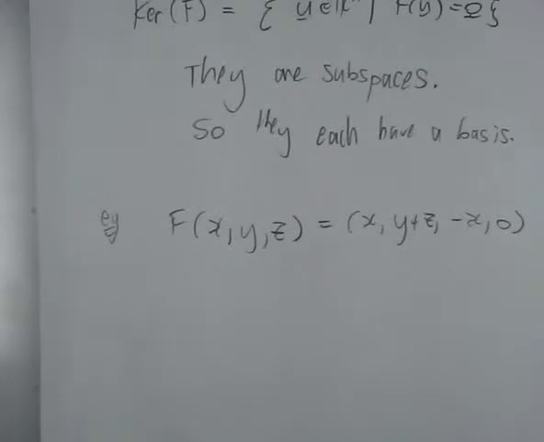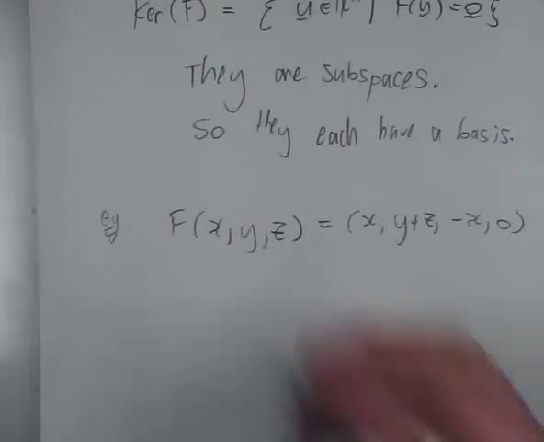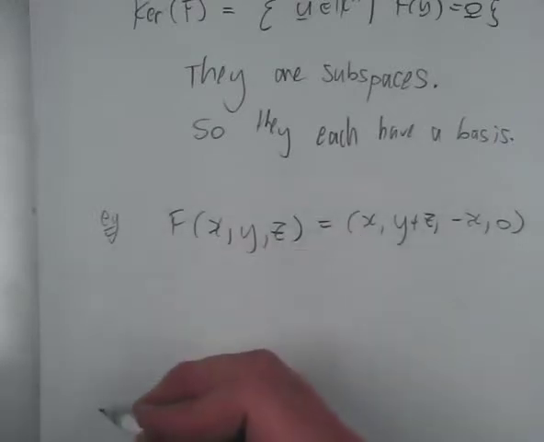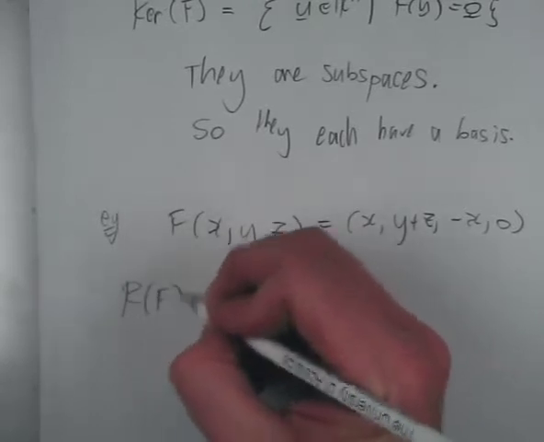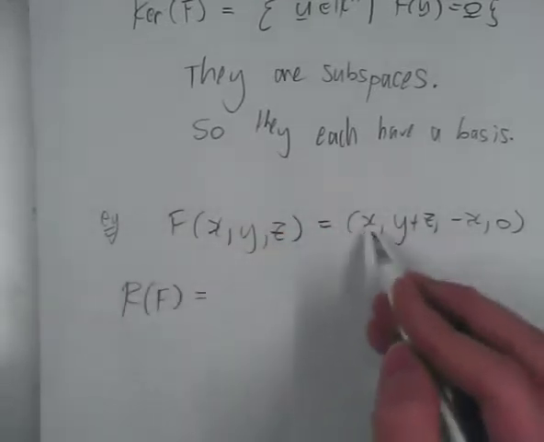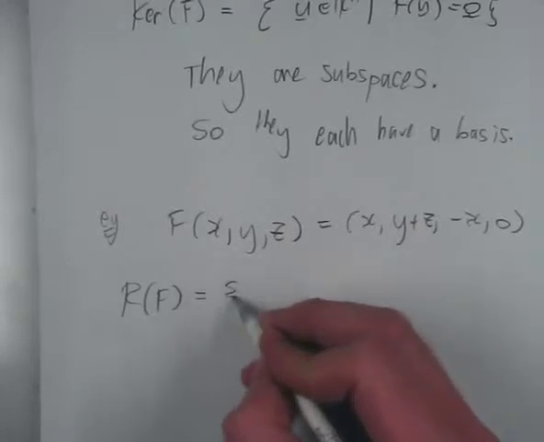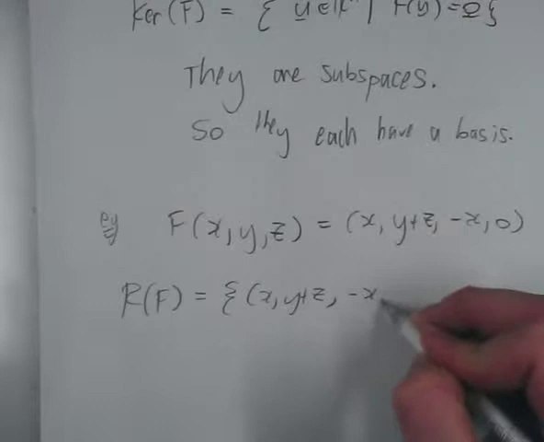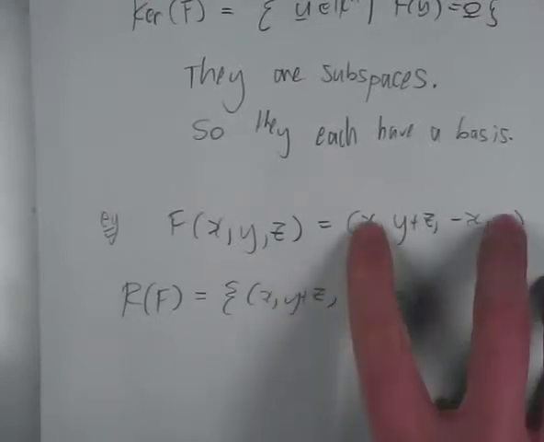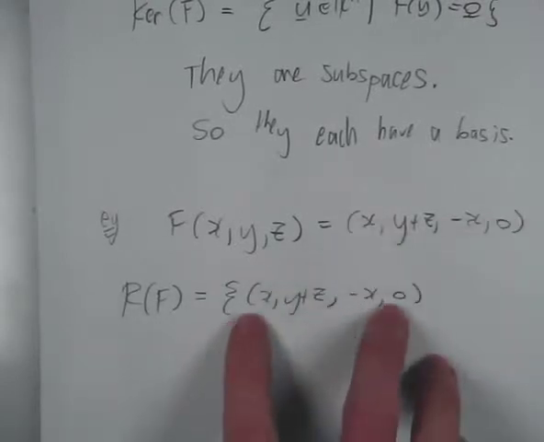Okay? So, the range is the set of all vectors that come out. These are the outcomes. So that's f of x, y, z.